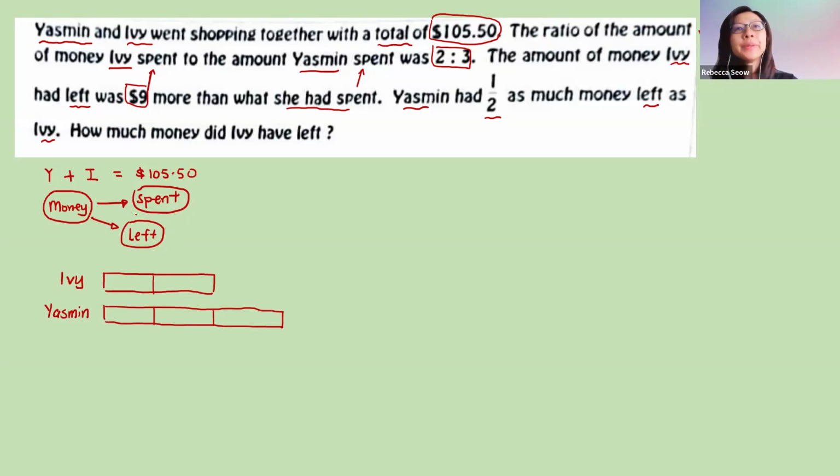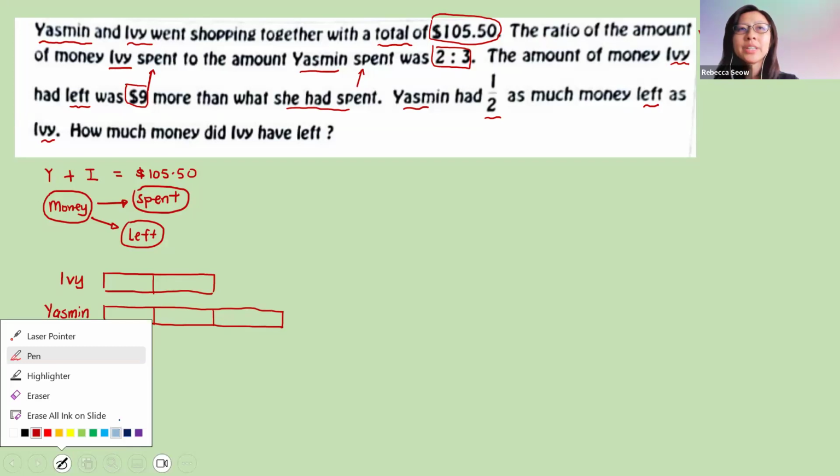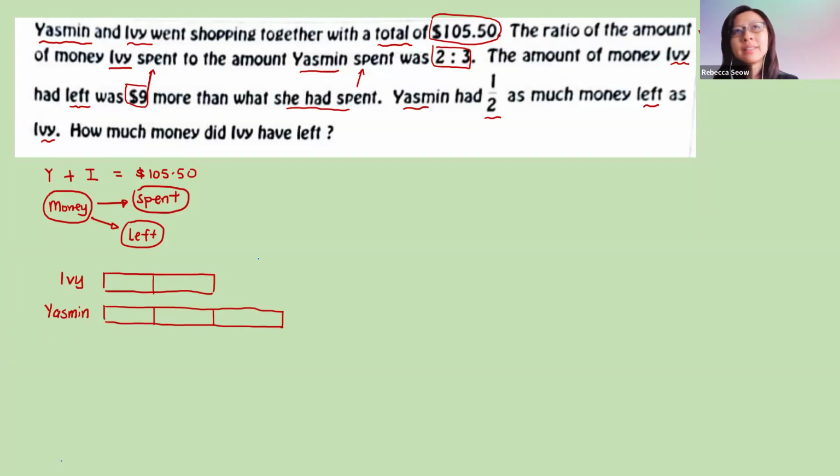If Ivy had spent 2 units of money, what she has left would be 2 units and another $9. So I'm going to add 2 more units in blue, and this would signify the amount that she had left: 2 units and $9.